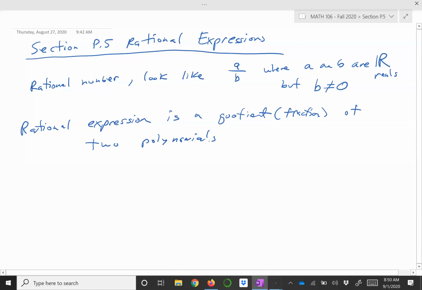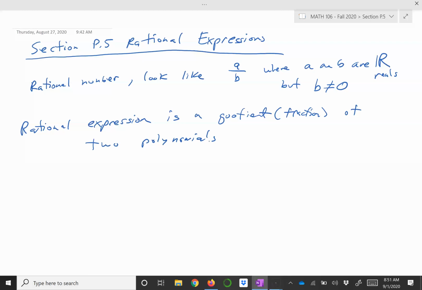So all we're going to do in this section is look at fractions that have polynomials instead of numbers associated with them. And what we're going to want to do is make sure that the denominator, the term on the bottom of the fraction, is not going to be equal to 0. So in the problems, which is strange because you've covered functions at some point in your life, this section also wants you to define the domain of your rational expressions.